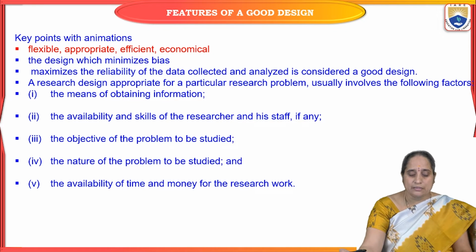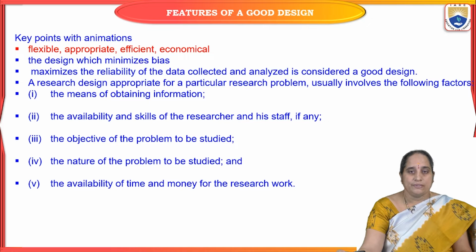Then the skills of the researcher and his staff are also very essential, because based on the ability or efficiency of the researcher only, we can get a reliable and valid research solution.